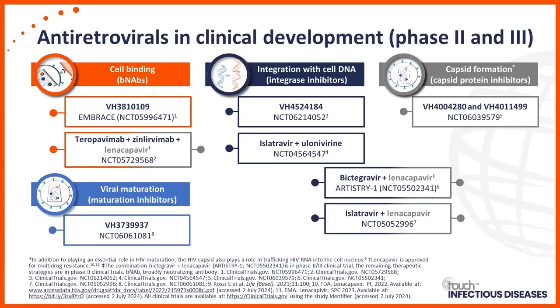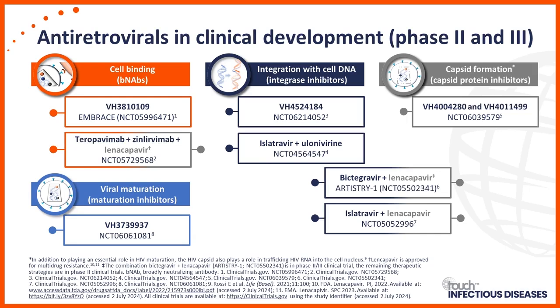That is an oral long-acting, oral once weekly, that can be very interesting for many patients. Islatravir also has the potential to be given even more infrequently by other routes of administration, even once monthly. And there are other drugs in development, other capsid inhibitors.